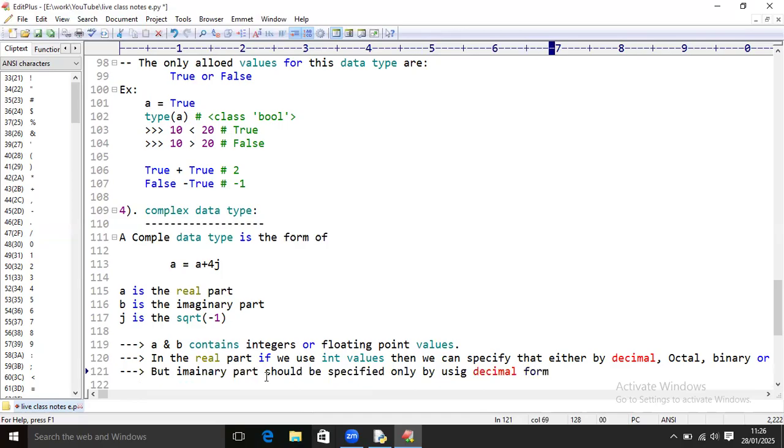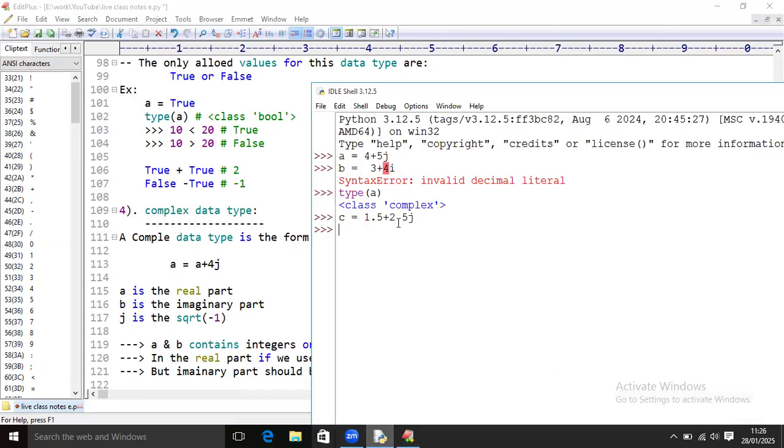Let me explain this point clearly. Here this is the real part, right? And this is the imaginary part. What we have discussed in this point is we can give any binary, octal, decimal or hexadecimal before the plus.